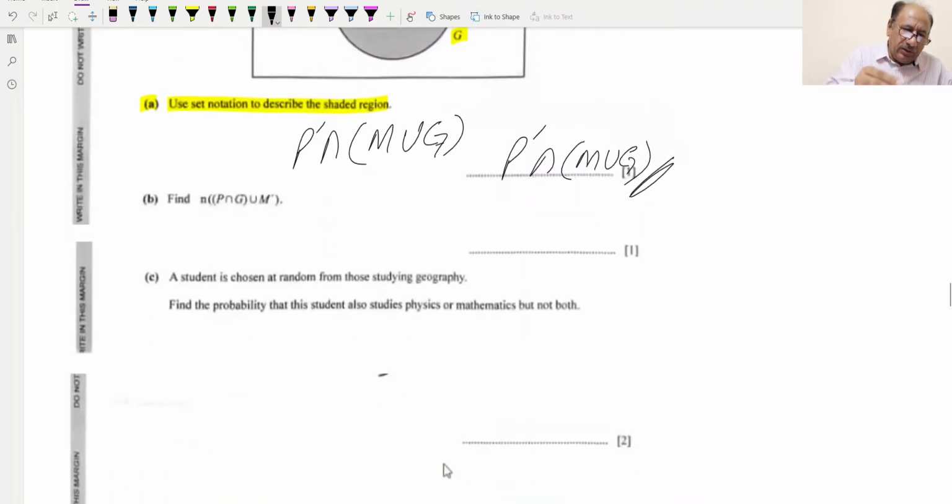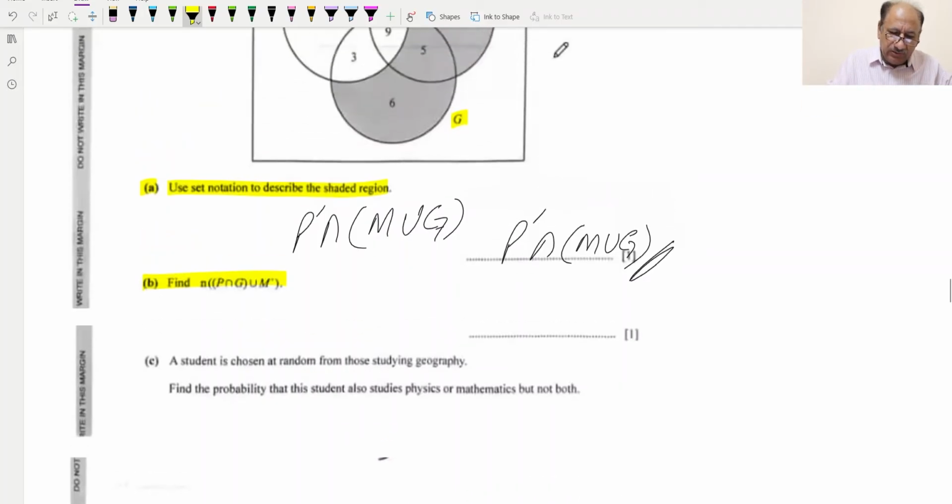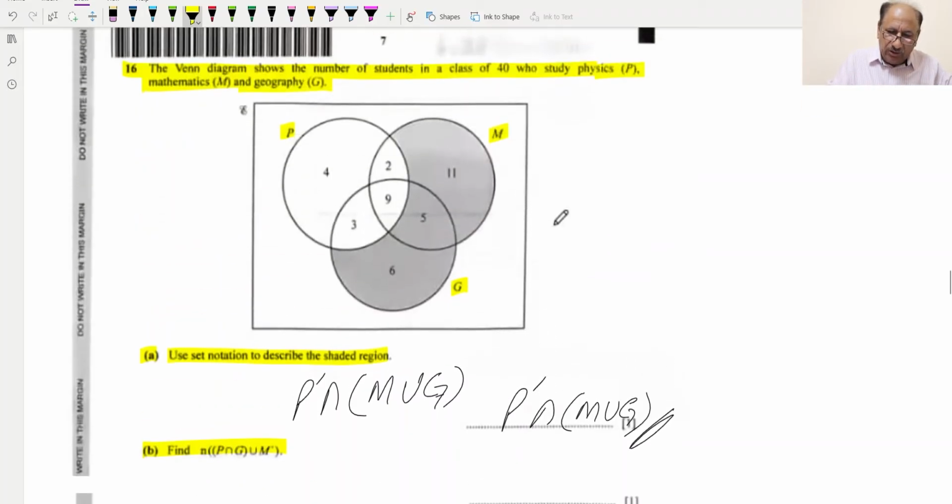Now B part says find n of P intersection G union M complement. So those numbers will be which one? P intersection G, we need to find, will be 3 and 6 and 9, this one 6 and 9.